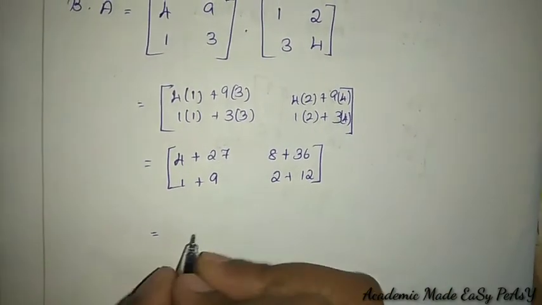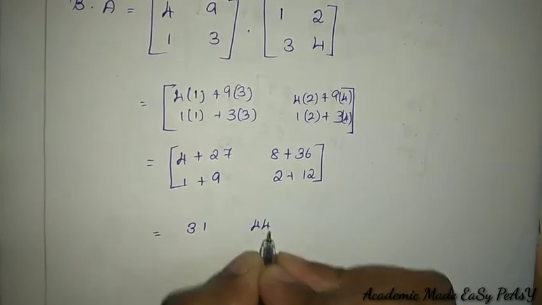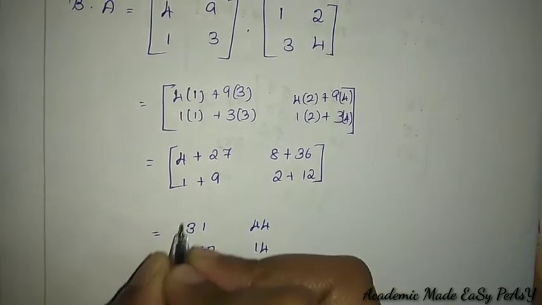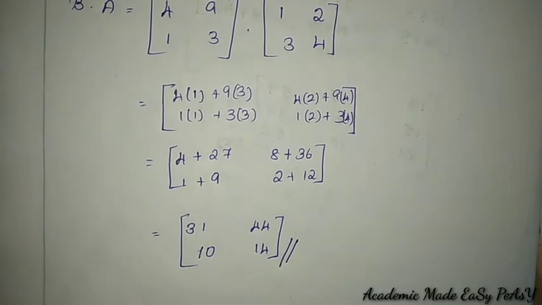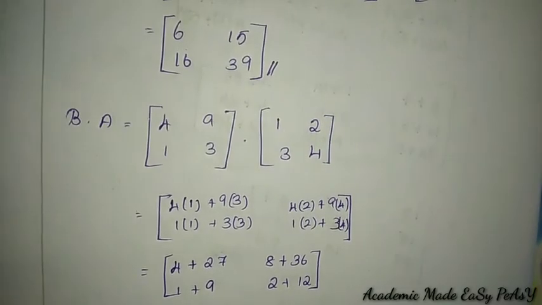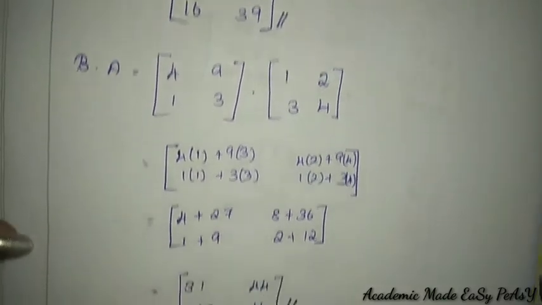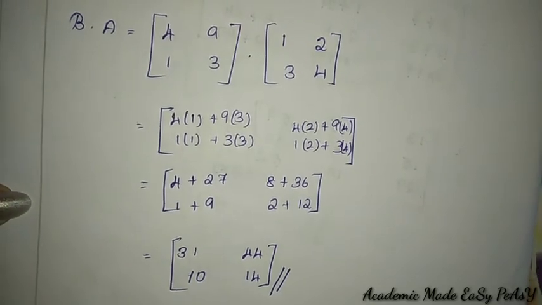So here 4 plus 27 is 31, 36 plus 8 is 44, 1 plus 9 is 10, 2 plus 12 is 14. So therefore this is the required matrix for B into A. So what was the answer for A into B? It was 6, 15, 16, 39. And what is the answer for B into A? 31, 44, 10 and 14.